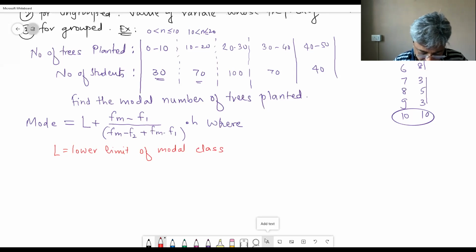Fm is the maximum frequency. F1 is the frequency of the modal class.